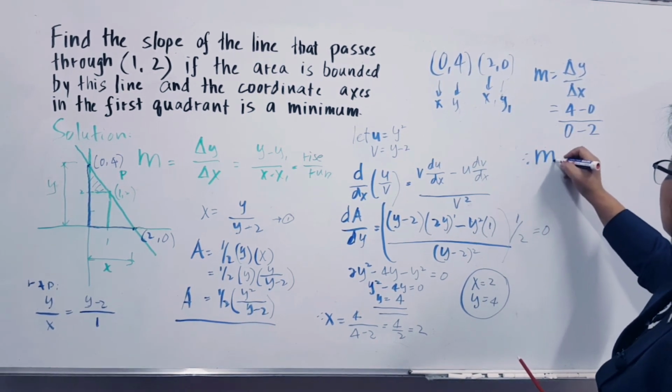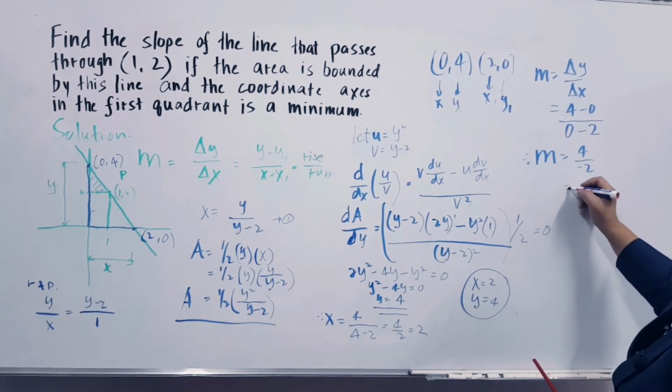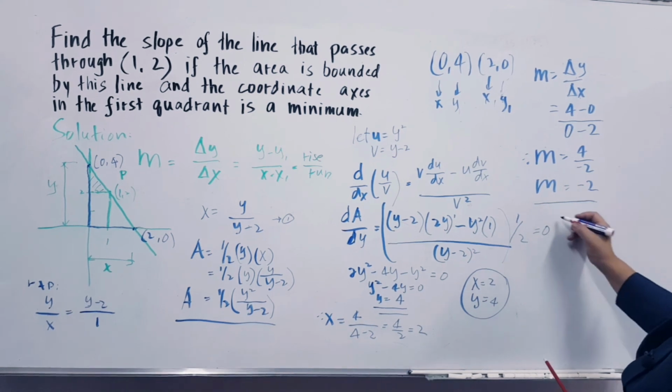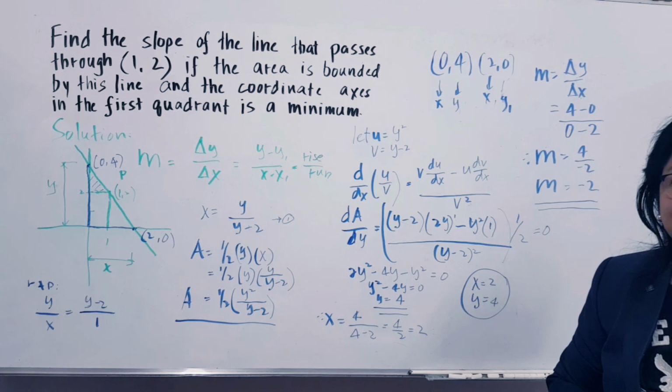Therefore, m is equal to 2 divided by minus 2. M, which is the slope of the line we're looking for, is therefore equal to minus 2. This is the answer for the slope of the line.